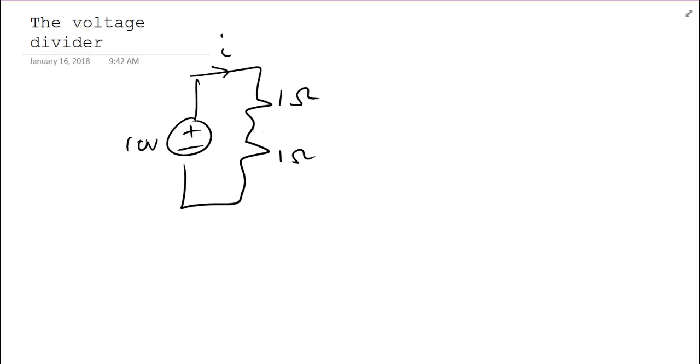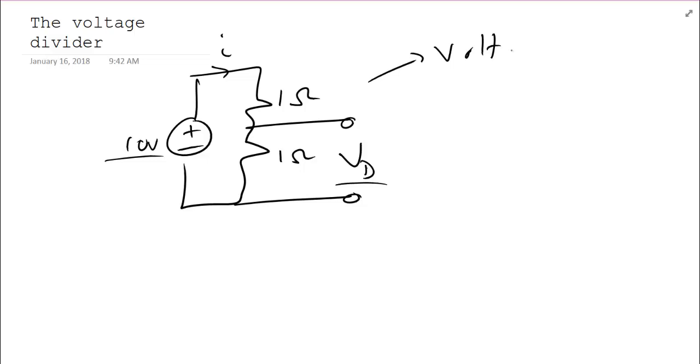But here's where this might be relevant. If I were to take these two terminals out and call this one VD for V divided, I might want to see how does VD relate to our 10 volt input. This is one way where we can make a voltage source.